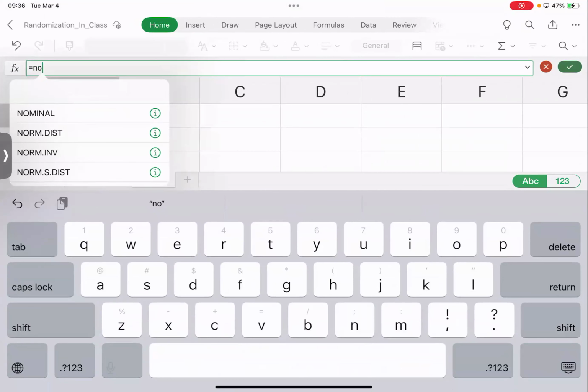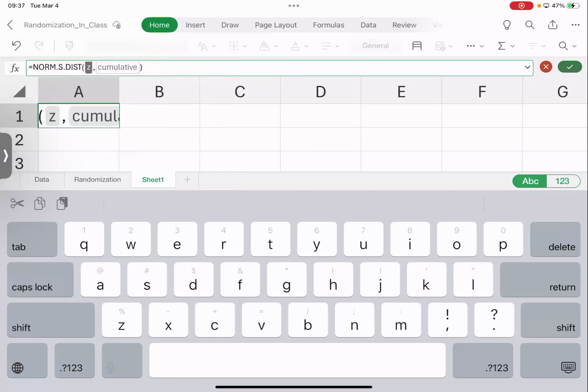Equals norm. We're going to use norm.s.dist. Norm.dist is older. Okay. norm.s.dist, I can give it a z, and let's give it a z of 1, right?